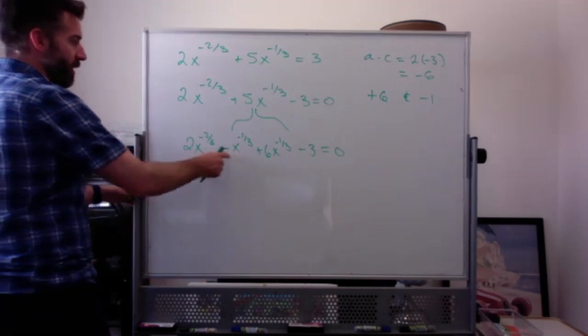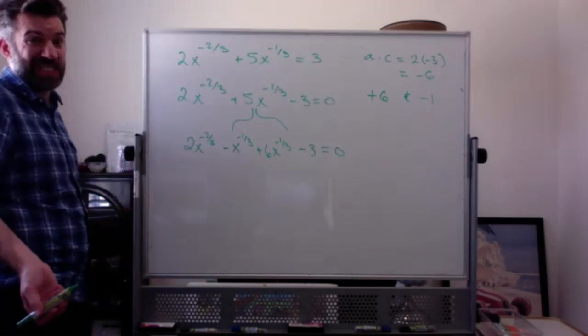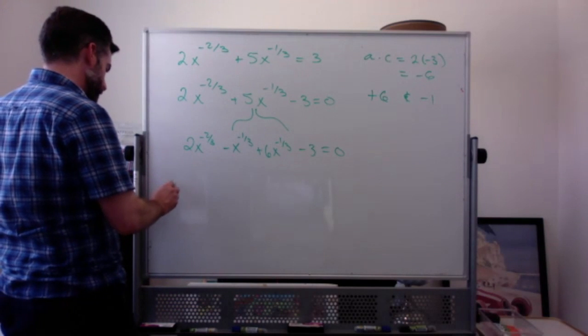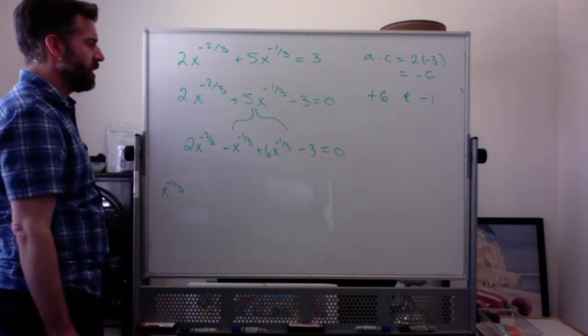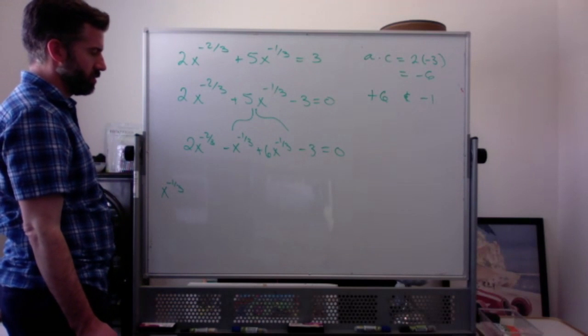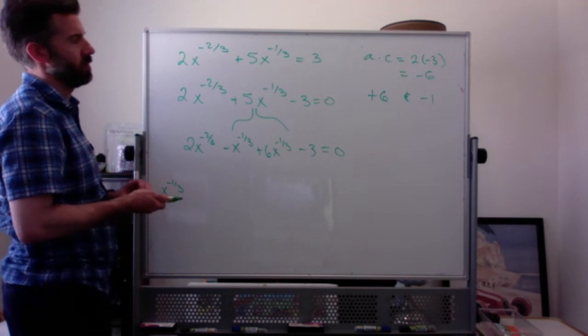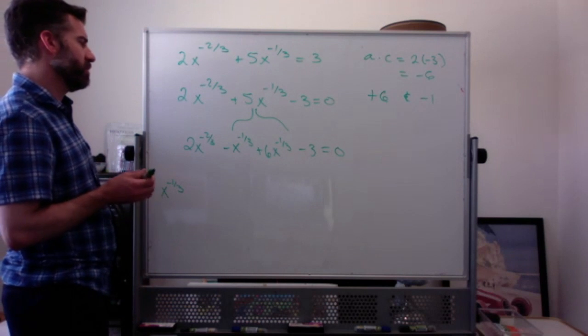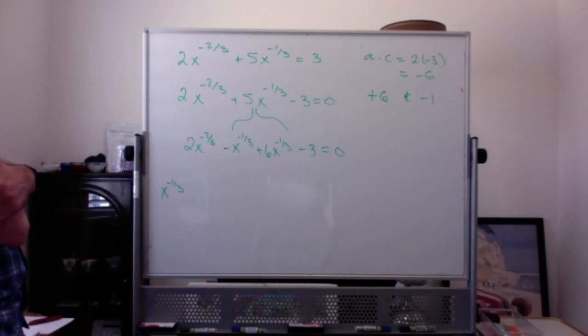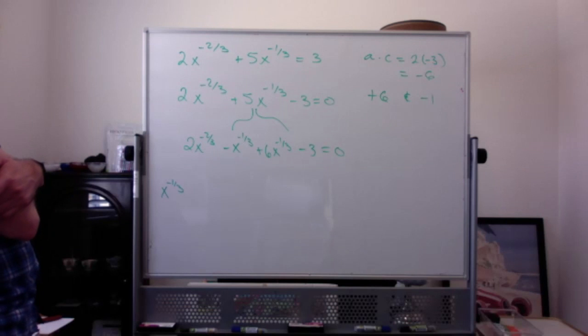So what can I factor out from each of these? I can factor out an x to the negative 1/3. Now I have to be extra careful.